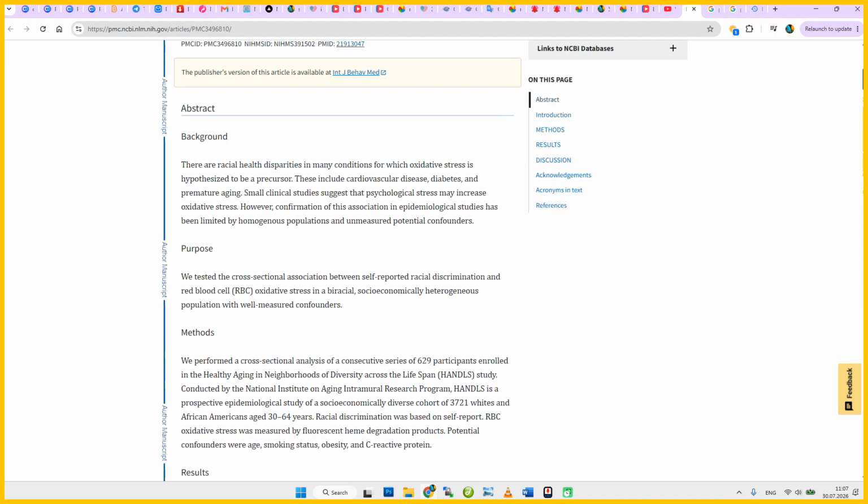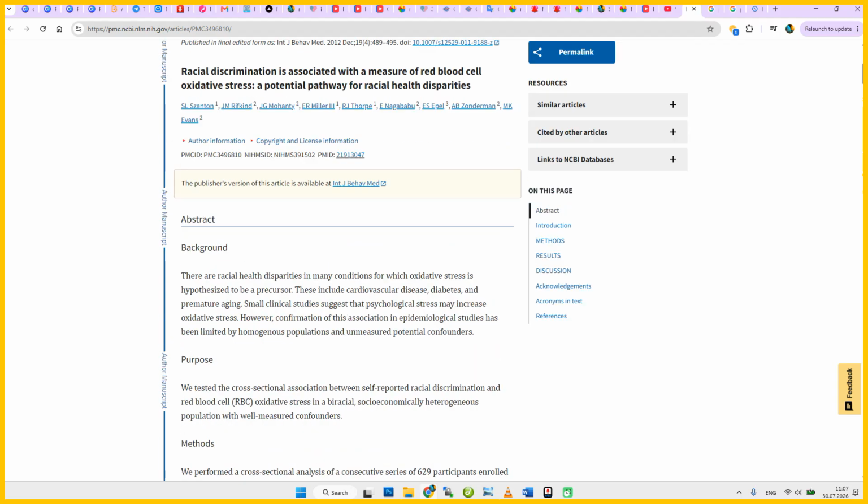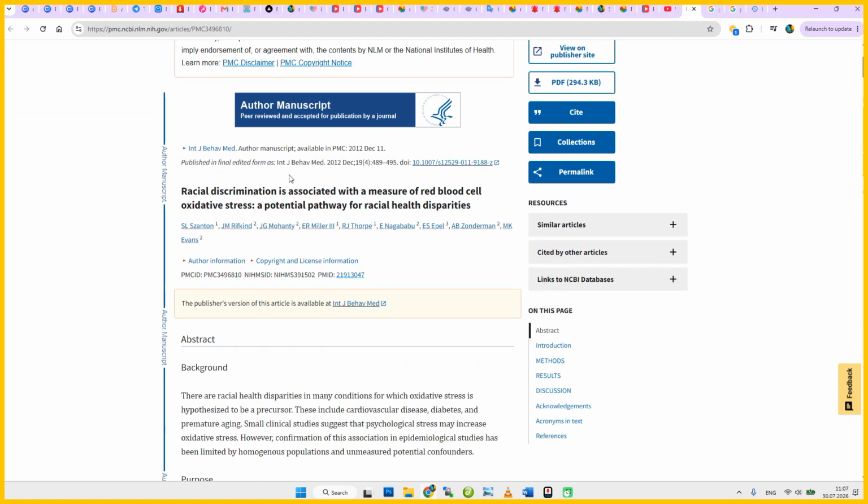investigations, very interesting. So, racial discrimination is associated with a measure of red blood cell oxidative stress. So that means we have a racial discrimination.